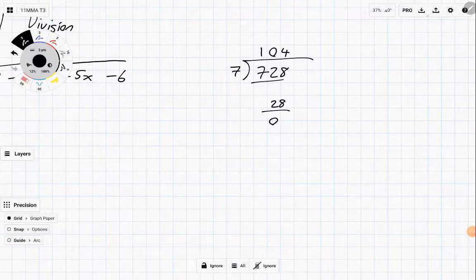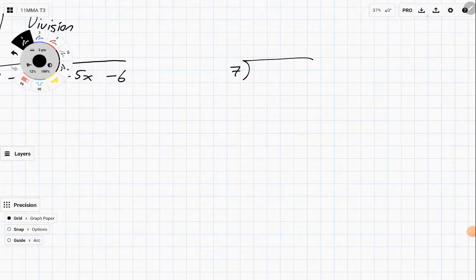Alright, let's do one where there is actually a remainder. So instead of that, let's try something a little bit more monstrous. Let's look at 2015.